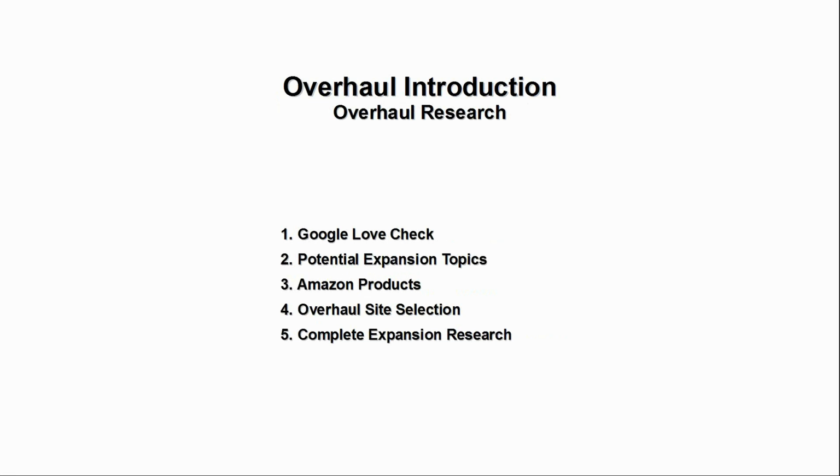Leading up to this point, this initial Google Love check and checking out your expansion topics and researching your Amazon products, it's possible you may need to repeat this section for a couple of different websites before you really find the ideal candidate for an expansion.